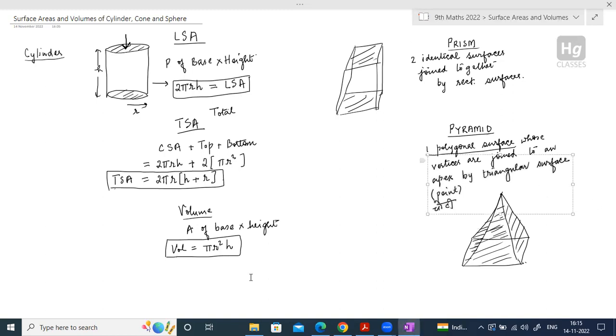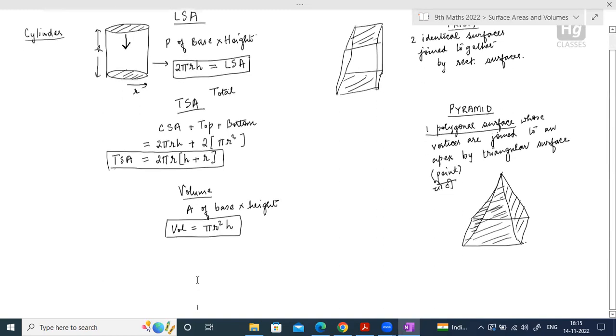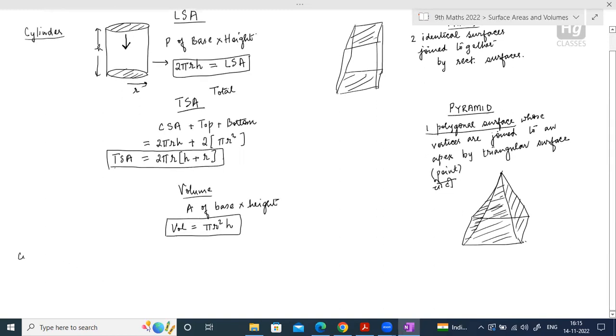Now, let's move to the next shape, which is a cone. Cone is obtained by joining the edge of the circle with an apex at the top. Join this apex with every possible point on the circle's circumference, and you will get a conical shape.